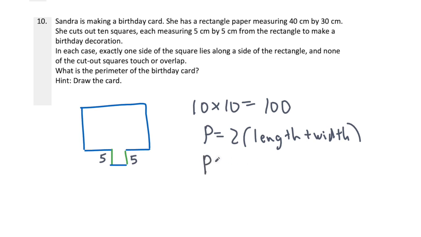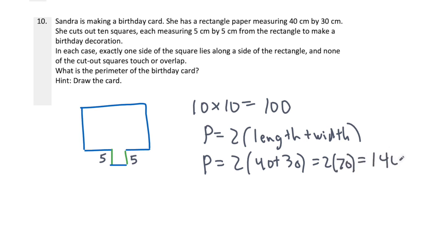So the perimeter is equal to 2 times 40 plus 30, which is equal to 2 times 70, which is equal to 140. The total perimeter is equal to the new perimeter plus the original perimeter, which is 100 plus 140, which gives us 240. So the answer to this problem is 240 centimeters.